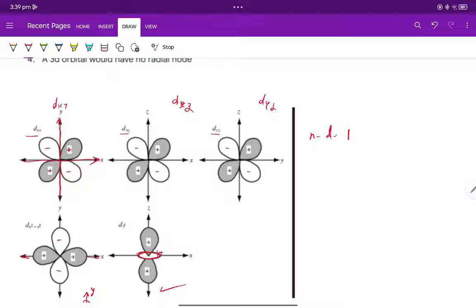Here n is equal to 3, and l is equal to 2, because the l values are 0, 1 and 2. This is for the s orbital, this is for p, and this is for d. So these are the l values. For a d orbital it is 2.